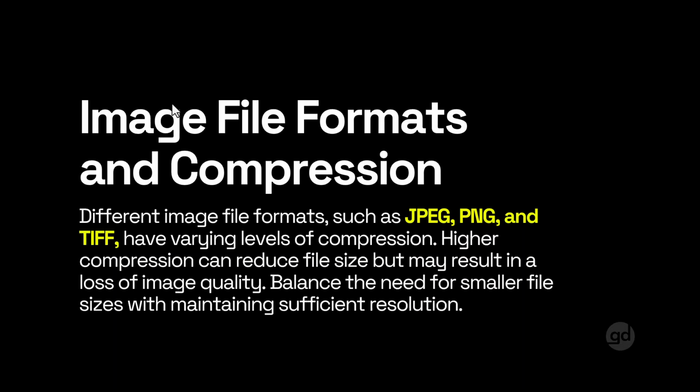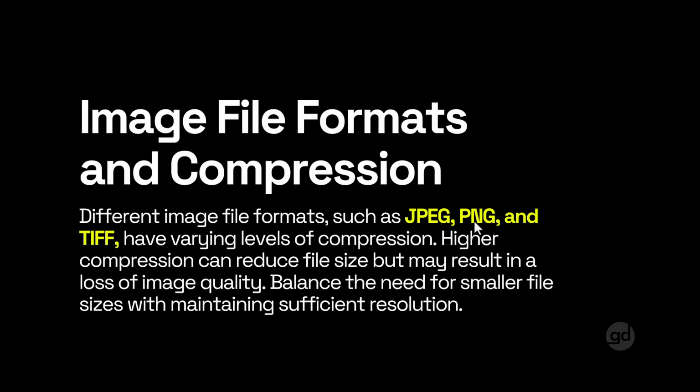So we have the image file format and compression. We have JPEG, PNG, and TIFF. There are many other file formats, but the one that baffled me most at the beginning was JPEG. Whenever I save a file as JPEG, it is always smaller than when I save it as PNG, because PNG has lower compression and gives you more of the raw file.